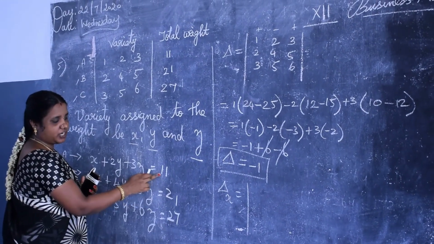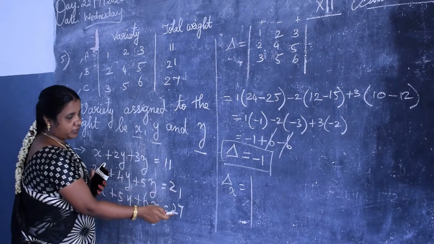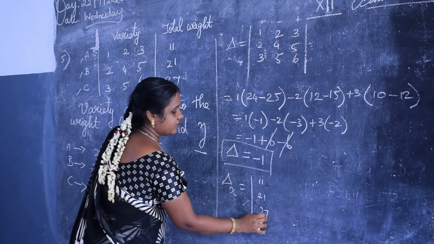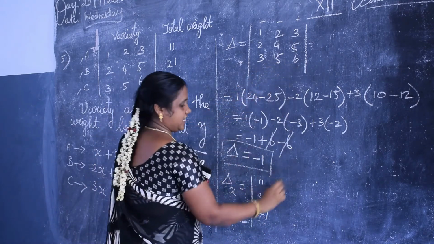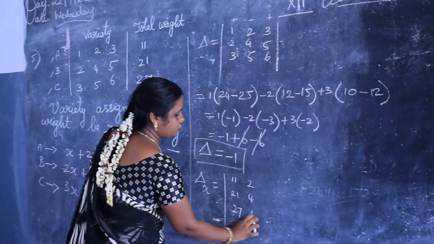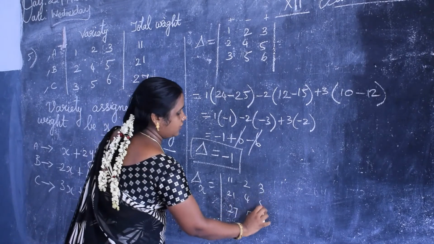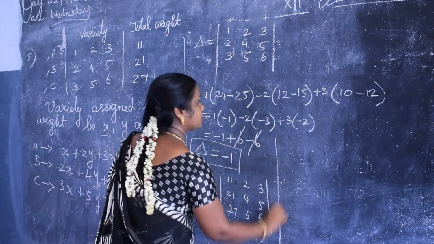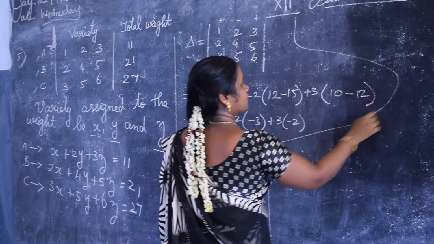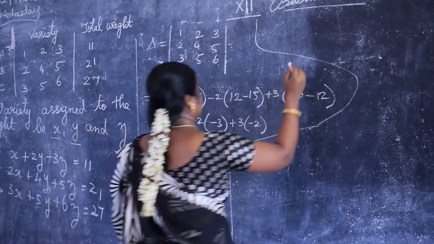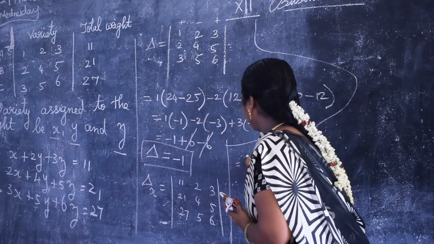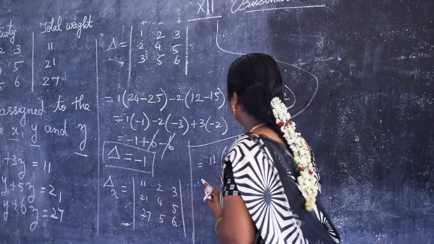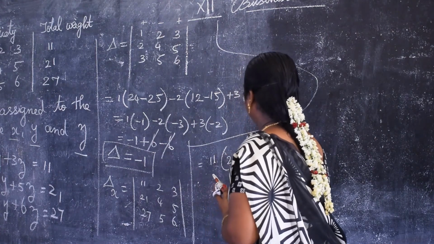In the place where the coefficient of x is, what should we write? 11, 21, 27. Y and z you write as such: 2, 4, 5, 3, 5, 6. Now you cross multiply this. See what we do: 11 into cross multiply, 6 4s are 24, 5 5s are 25.